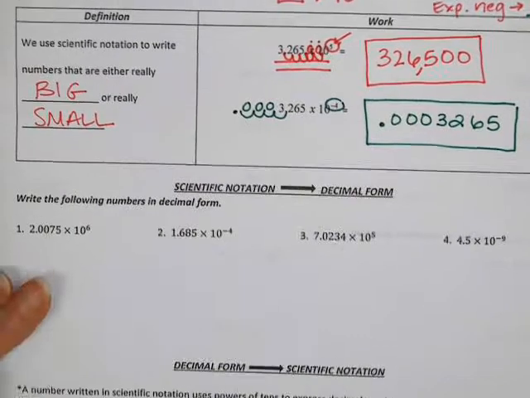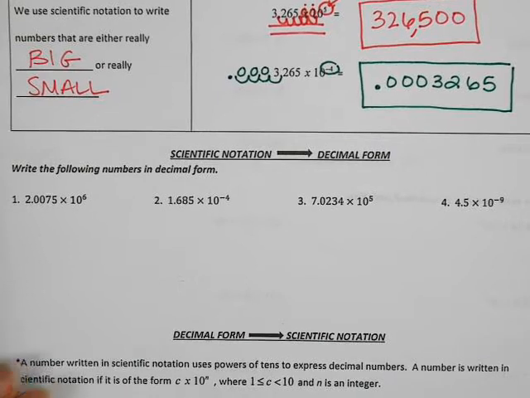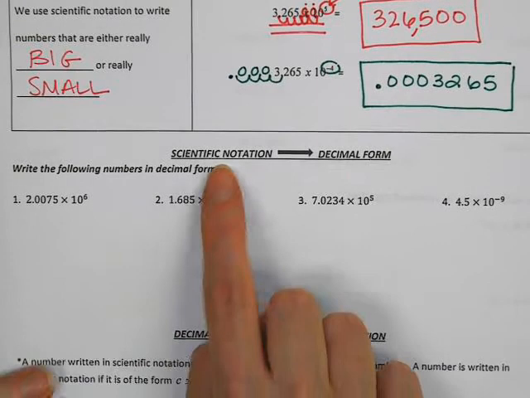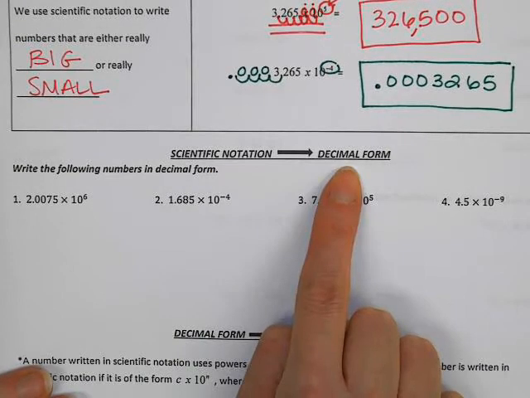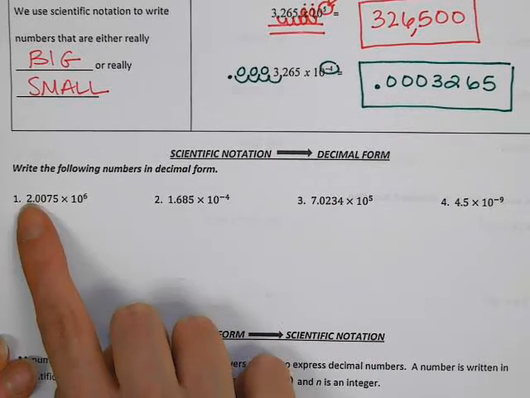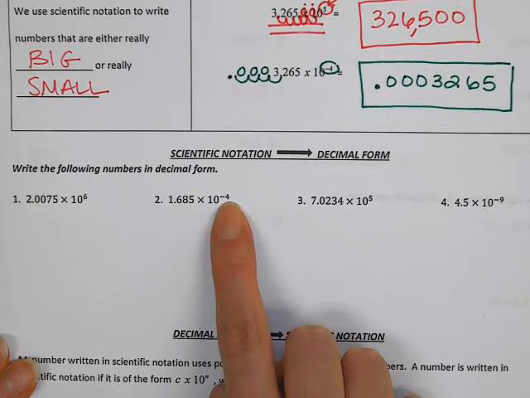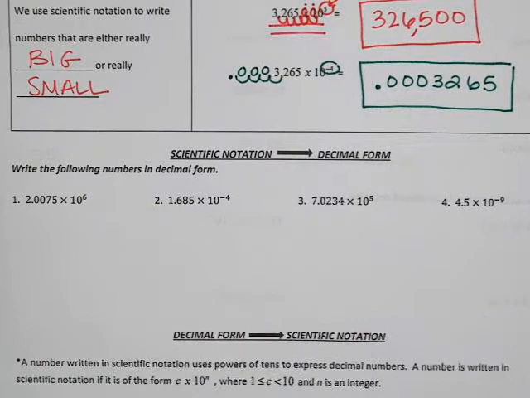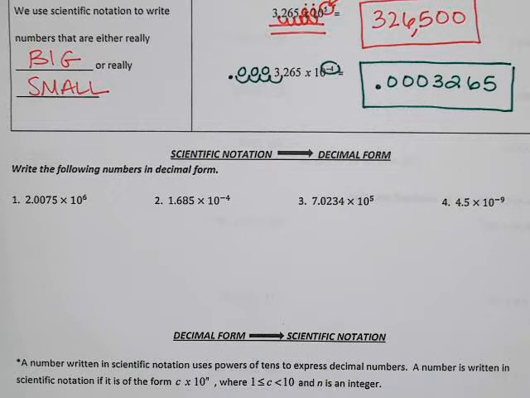Okay, so we would call this a really big number and this a really small number. All right, now I want you guys to practice that. So this is called going from scientific notation to decimal form. If the exponent's positive, you move it to the right. If the exponent's negative, you move it to the left. And then add zeros for any numbers that aren't there.